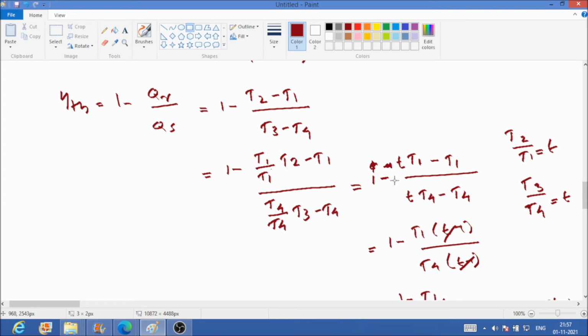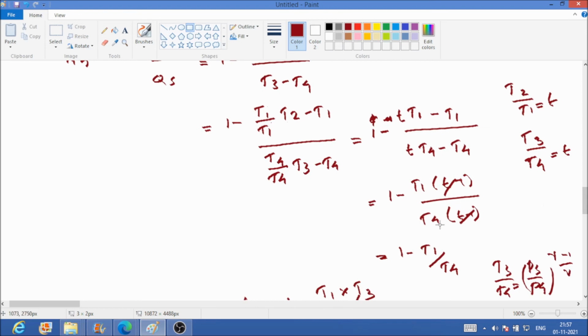Now this is equal to 1 minus T1 into small t minus 1, where T2 by T1 is equal to small t, and T3 by T4 is equal to small t, so T4 into small t minus 1. Here T1 is taken common and the rest of the term is t minus 1, and here also T4 is common and the rest of the term is t minus 1. This will get cancelled out. This is equal to 1 minus T1 by T4.